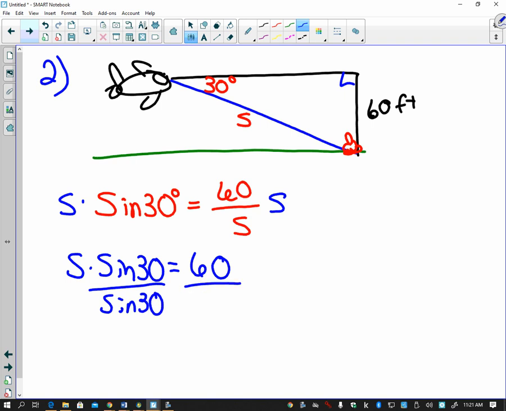What do I need to make sure of before I divide by sine 30? Make sure your calculator is in degree mode. What's 60 divided by sine 30? 120 feet. Yep.